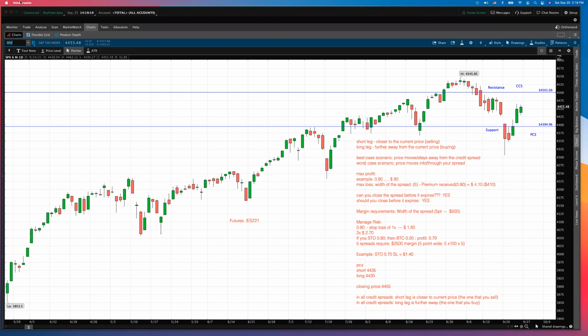I think it's wrong. Delta means something totally different. I think you meant debit. No, I have here that delta needs to be less than 0.20. Okay. No. So we're buying it back for 20 cents. Maybe that's the confusion. We're buying to close for 20 cents. Okay. Nothing about delta.